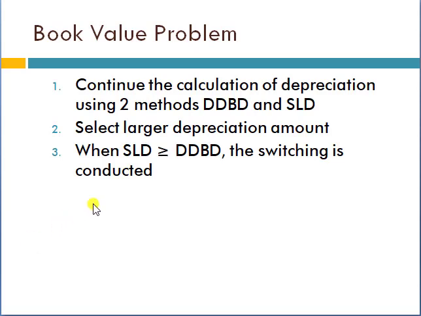Continue the calculation of depreciation using two methods at the same time, and then select the larger depreciation amount, whichever has the larger depreciation, and continue to use that value. So when the SLD depreciation value is greater than or equal to DDBD, then the switching is conducted.